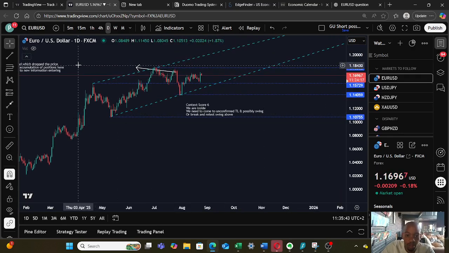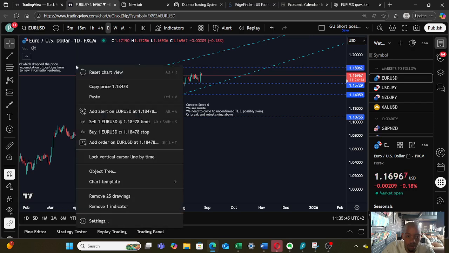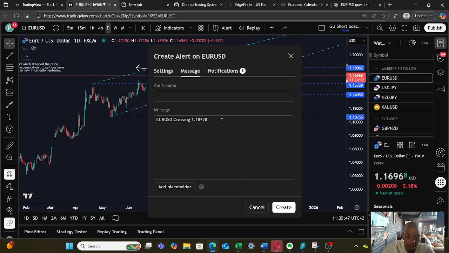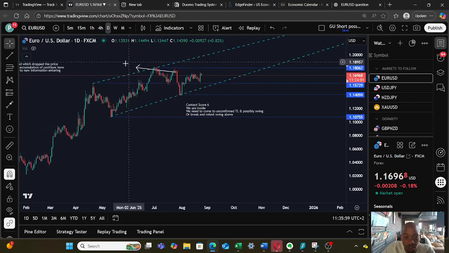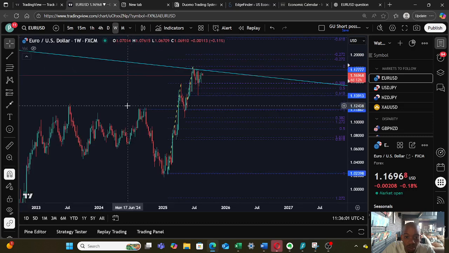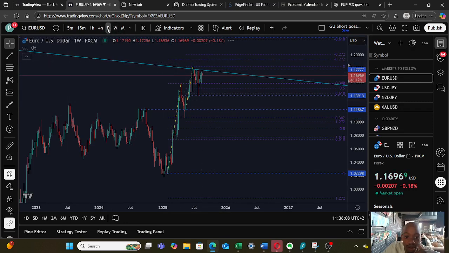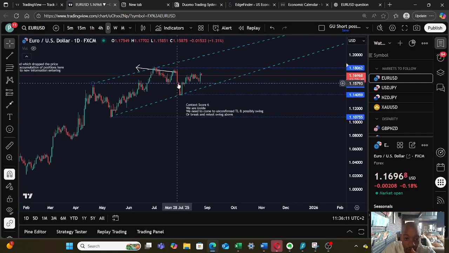And then we're going to set another alert here to say break and retest above. Cool. This is good, guys. We have a context score of 6. We know exactly what we're looking for to be interested. The break and retest on the daily might also coincide with this break and retest on the weekly trend line, which is very promising. So yeah, I think we are done with this market.